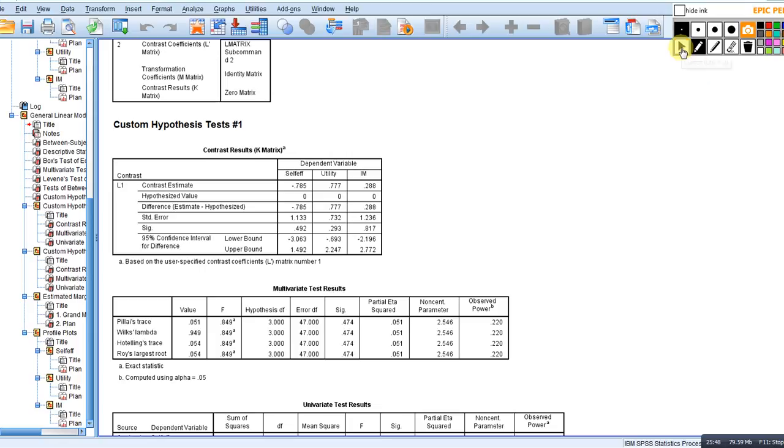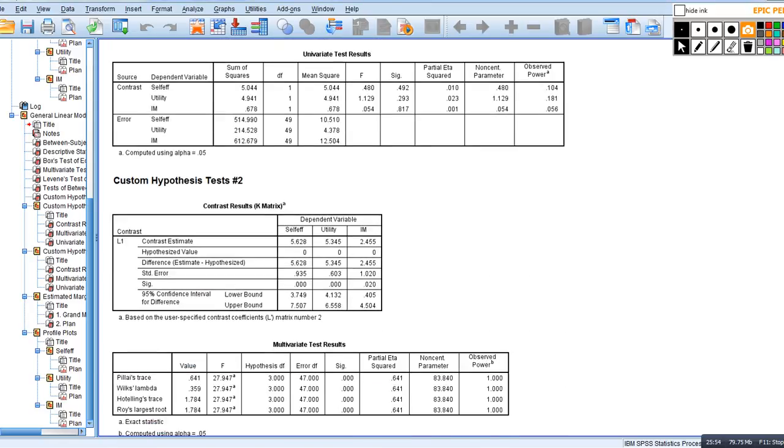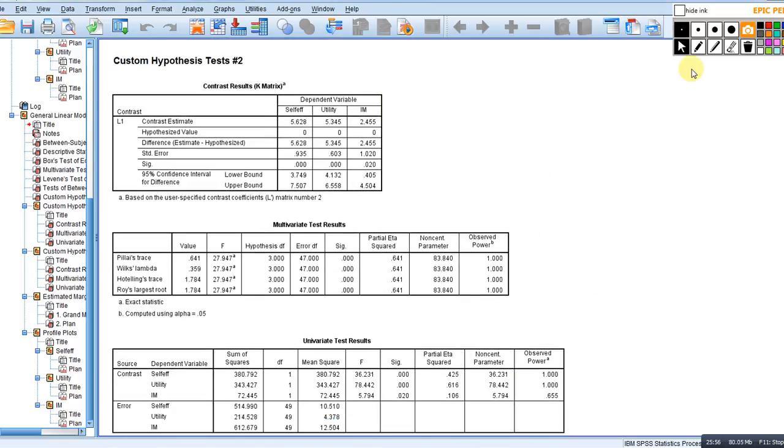If we scroll down, you can see we have our complex contrast, which was a comparison of the mean for groups 1 and 2 versus the mean for group 3. Here you can see that the difference, the average of the means for groups 1 and 2 minus the mean for group 3, was 5.6, and that difference was statistically significant.